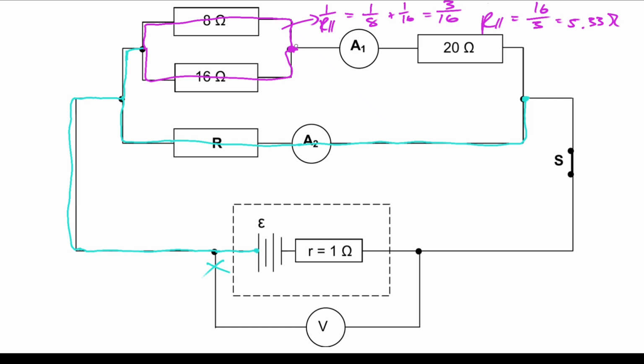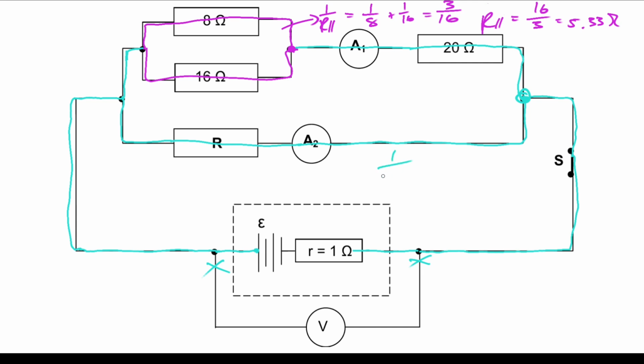Let me just get my colors again. There we go. Straight through all of those, and here we rejoin. This is our end. And then our circuit doesn't actually split up again, and there's no current through a voltmeter. Back in the battery. So you might wonder, how do we calculate the resistance here?